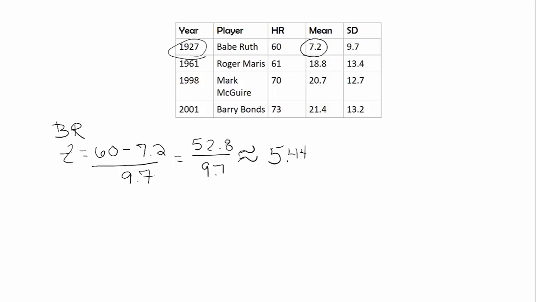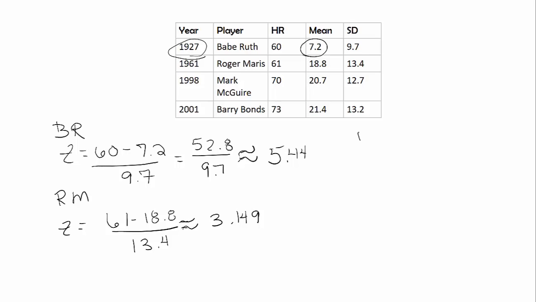With all things being equal, if we do a standardized score of Roger Maris, he had 61 when people were averaging almost 19. The standard deviation was 13.4. I did all this math and I got 3.149. So he's about 3.1, 3.2 standard deviations above the mean.